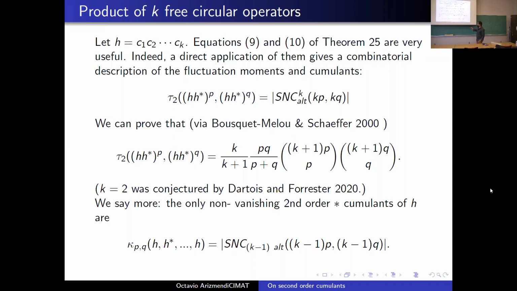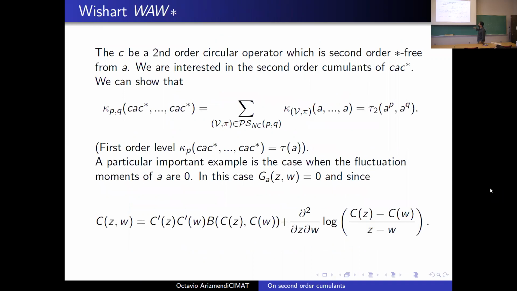Yeah, but another, I think, interesting example is related to Wishart ensembles. So one is typically interested in this kind of thing: you have a Wishart matrix, you multiply by something and then you multiply by W star. Okay, and you want to know what is the distribution. We can also calculate the second order moments.